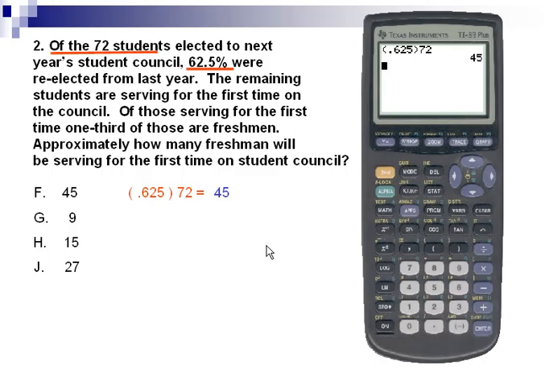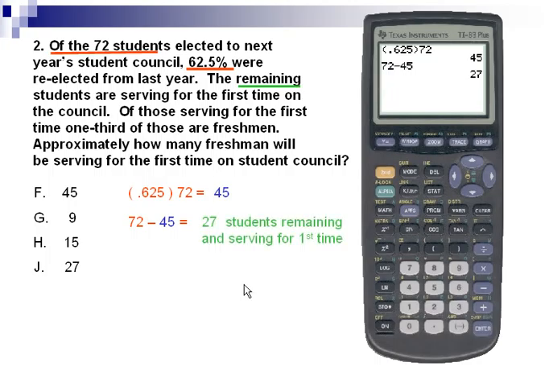The problem then says the remaining students are serving for the first time. So to find the remaining students, we need to subtract 45 from 72. And you find that 27 students are remaining or serving for the first time.